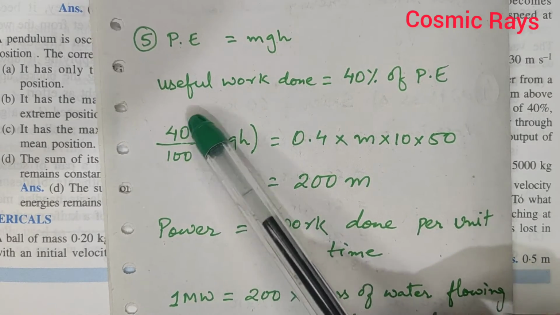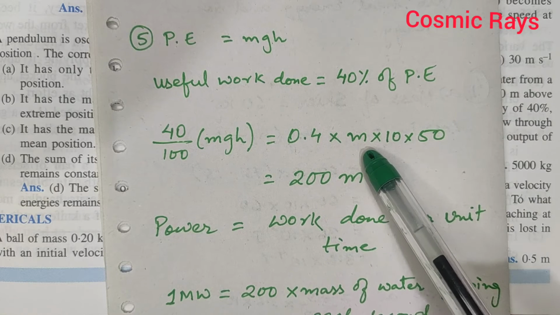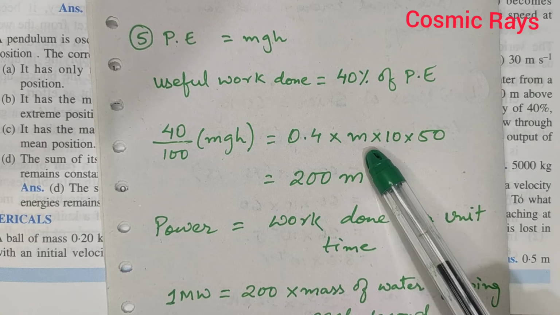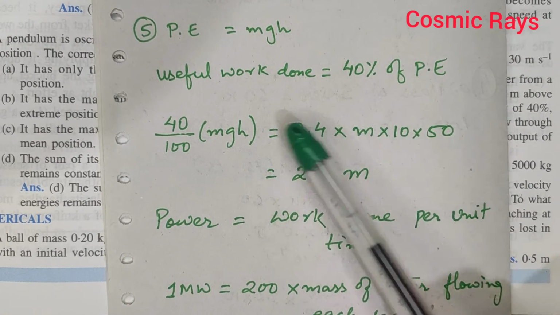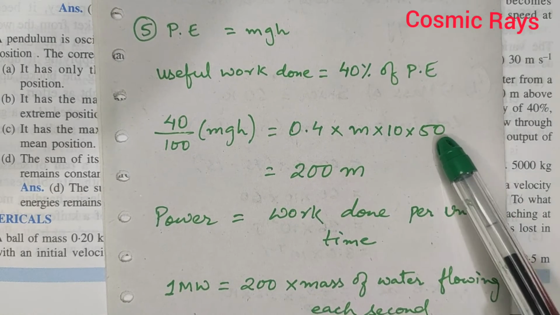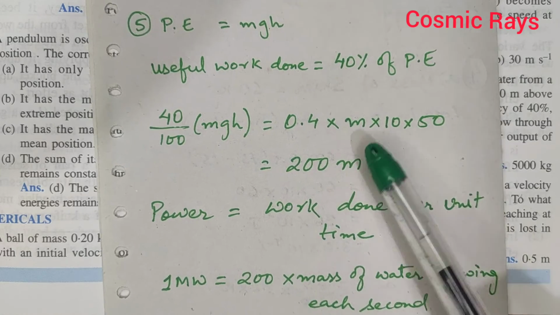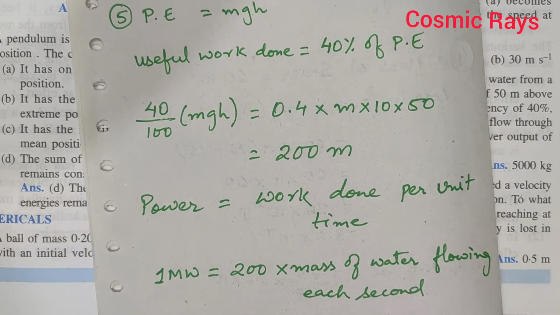So 40 divided by 100 makes it 0.4 multiplied by m, because we have to calculate the mass. We do not know the mass, which we will be calculating, multiplied by acceleration due to gravity, that is 10, multiplied by the height, which is 50 meter. So this comes out to be 200 m. M is the unknown quantity that we have to find out.